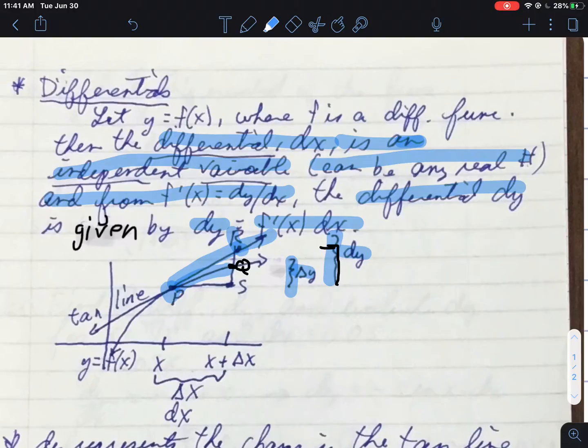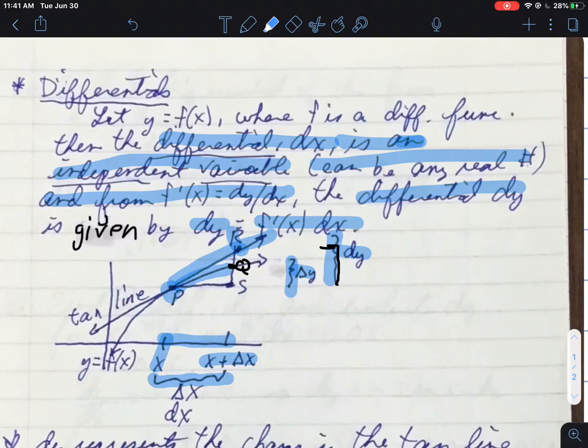Delta y is how much the value changes along the curve. Okay, so those are typically two different values. Look at the x though, right? So when I look at the actual curve at our point P, it has an x coordinate. And then we move some distance along the curve with respect to the x value. We could call that delta x with respect to our actual curve, so that the x coordinate of point Q would be x plus whatever delta x is.